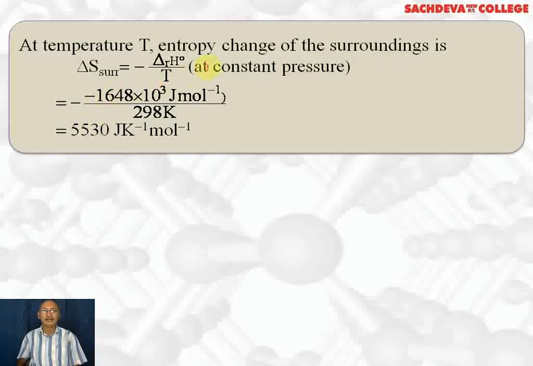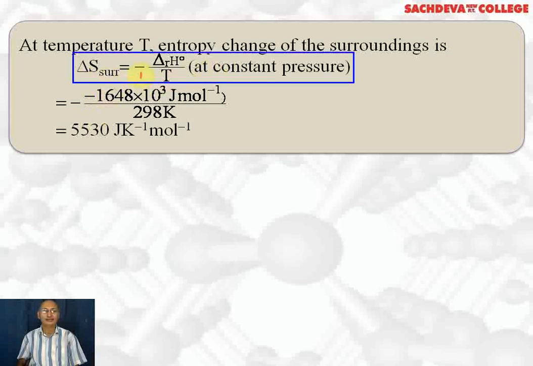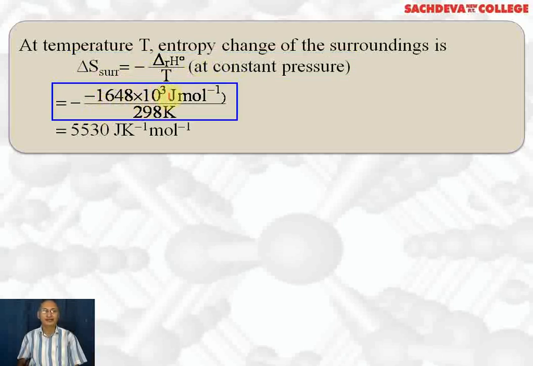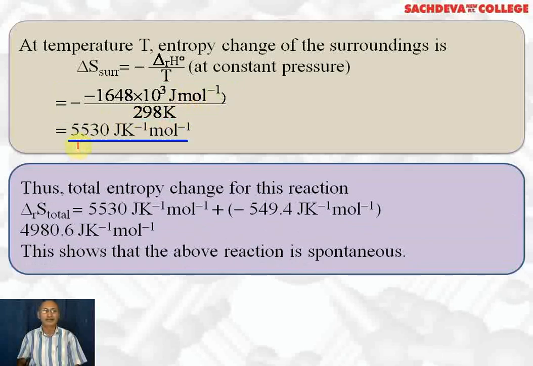So at temperature T, the entropy change in the surroundings will be delta S surrounding equal to minus heat of reaction divided by temperature at constant pressure. Minus 1648 into 10 to the power 3 joules per mole divided by 298 Kelvin. This comes out to be 5530 joules per Kelvin per mole.